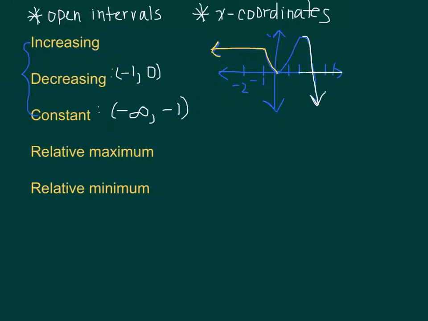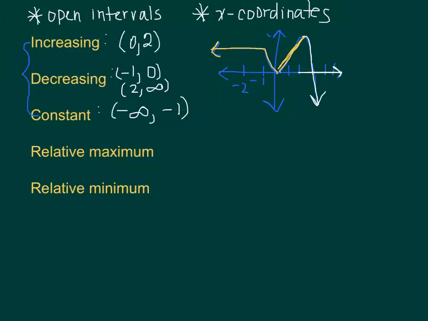From here on out, the graph was decreasing. So that would be from 2 to infinity. So there were 2 places where it was decreasing. And then it was increasing just in this spot right here. I'll do it in yellow, which was from 0 to 2.